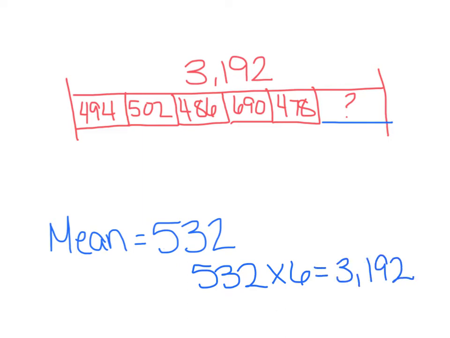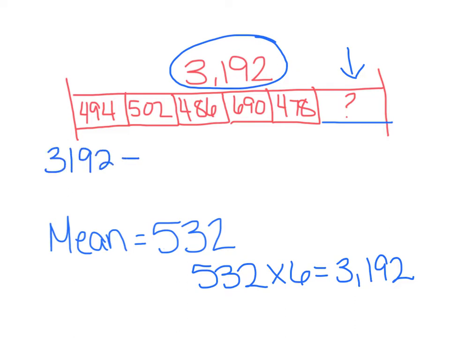So we know that is how much total minutes she had for 6 months. In order to figure out the missing piece that's right over here, we would take this total and subtract months 1, 2, 3, 4, and 5. So we would add those up.